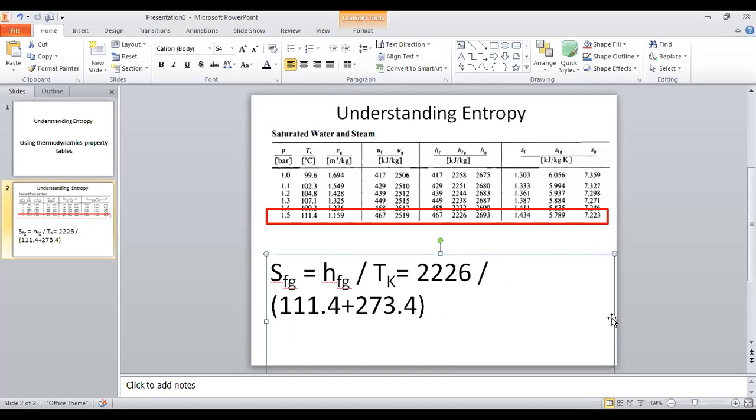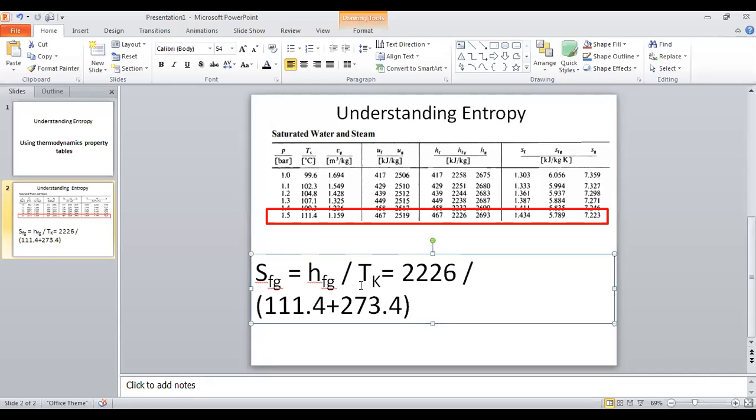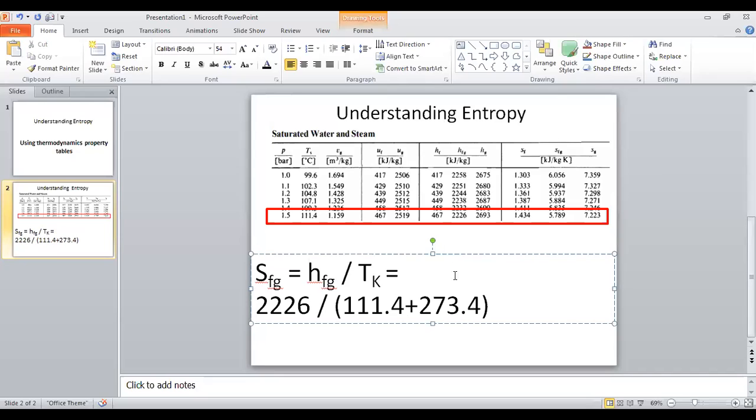Can someone calculate this? See what's the value of this. 2226 divided by 111.4 plus 273.4.